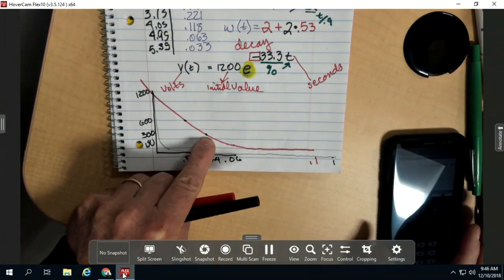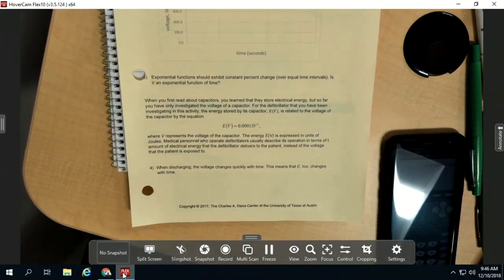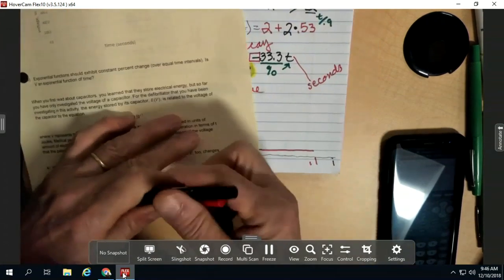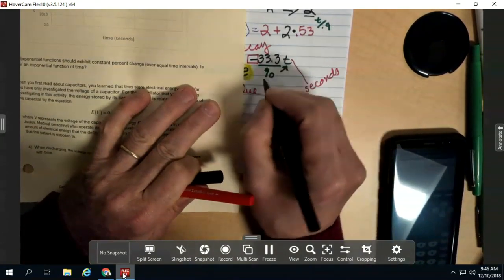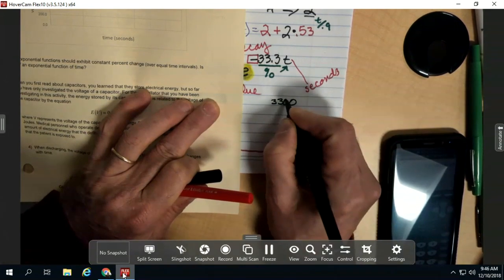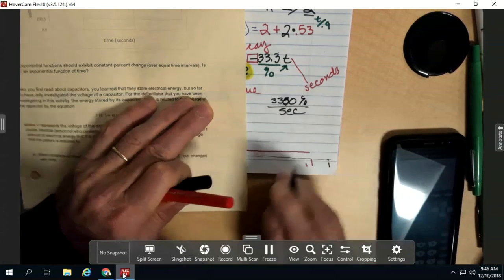So we get these different values in there. Exponential functions should exhibit constant percent change. In this case, the constant percent change is 3,330% per second.